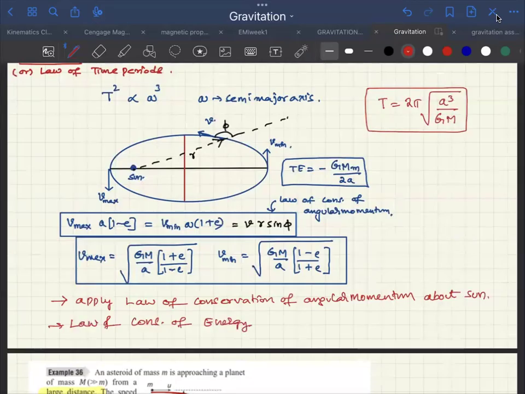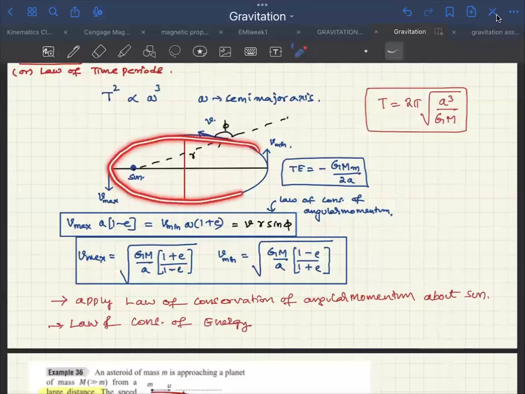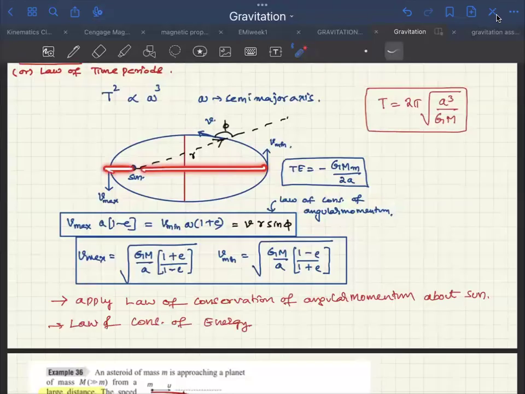Now, for example, you see here in this ellipse, you notice 2 points. This is the nearest point. This is the farthest point. For angular momentum to be conserved, this is a less distance, this is more distance. So here maximum velocity, here minimum velocity, because the farthest point has the least velocity.